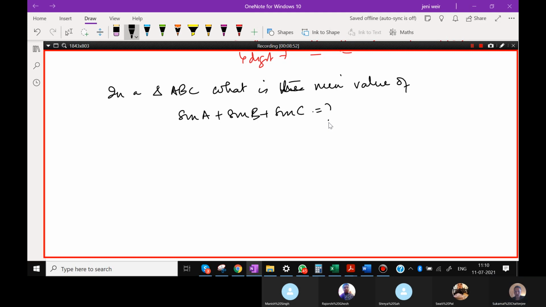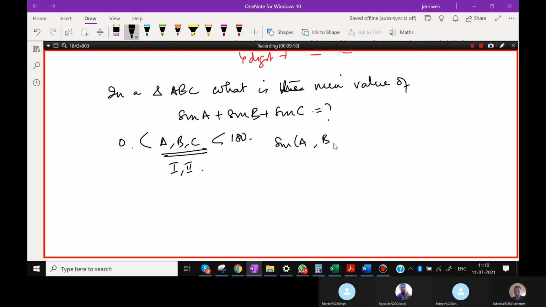Right? Now, in a triangle ABC, we know that angles A, B, and C have to lie between 180 and 0, all three angles individually. That means all three angles will be in the first or the second quadrant. That means the sine of any of these angles will be positive, right?